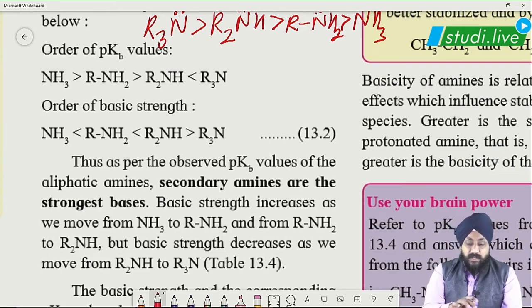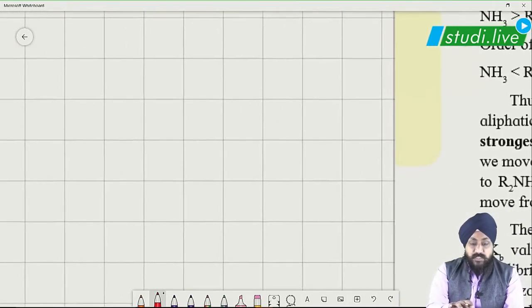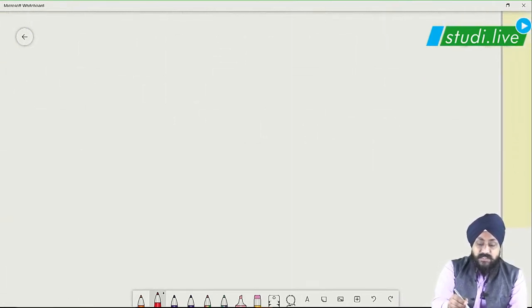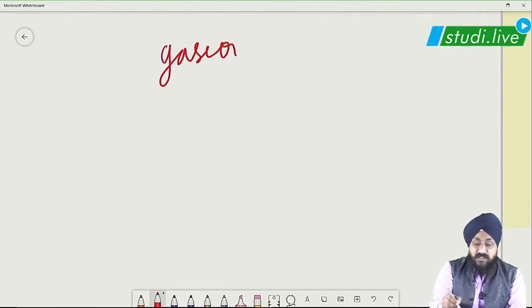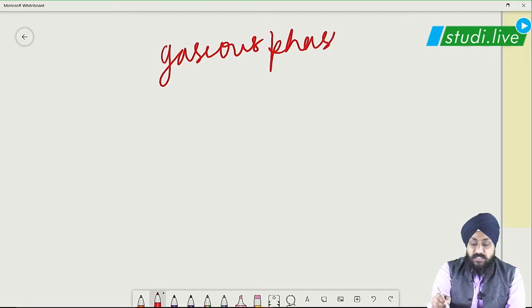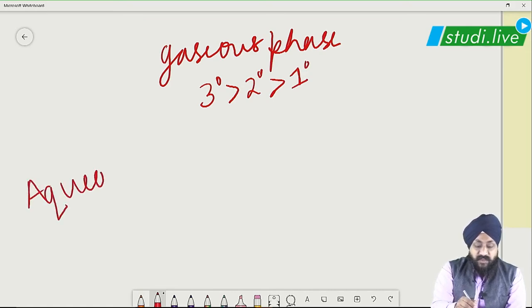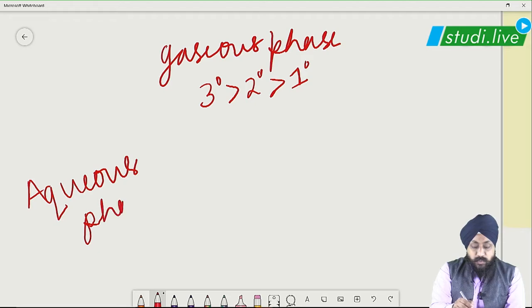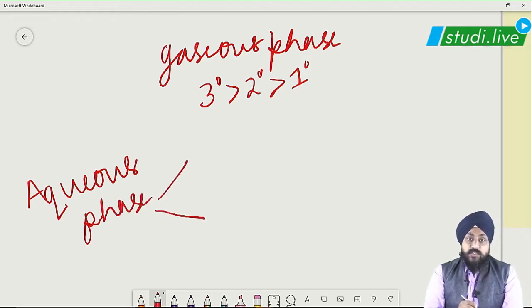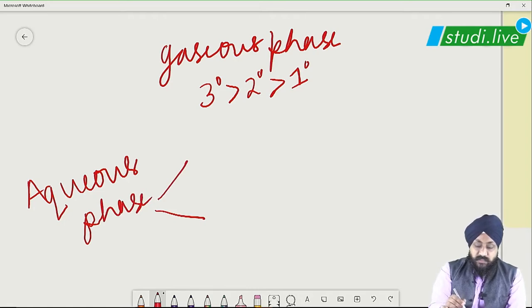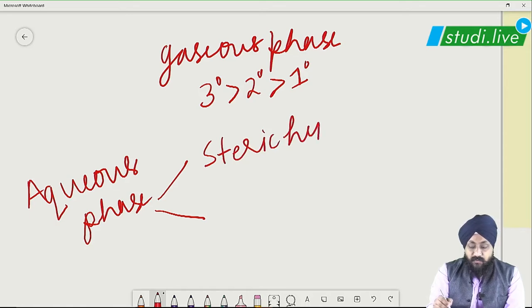Because two factors take part. We have been saying that in the gaseous phase, tertiary amine is more basic than secondary, and secondary is more basic than primary. Whereas in the aqueous phase, there are two factors we are supposed to consider. One is the steric hindrance of the alkyl group.